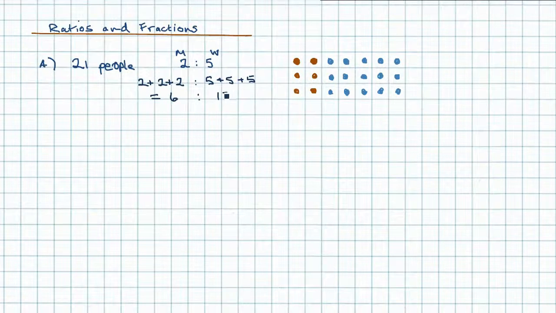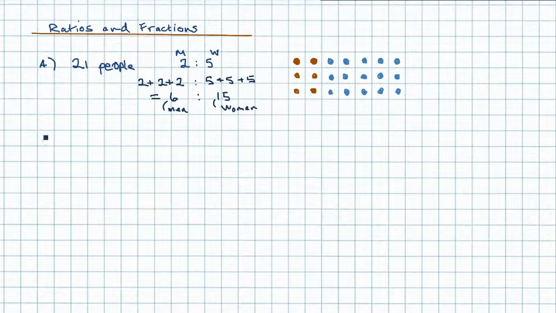So 2 to 5 has been scaled up to become 6 to 15, and that means we must have 6 men and 15 women. Okay, so we can do it visually, but we can also do it numerically. In a moment, we're going to use a bit of very simple algebra, which will make it easier again. So that's the basic idea.